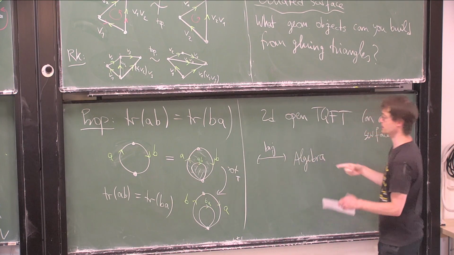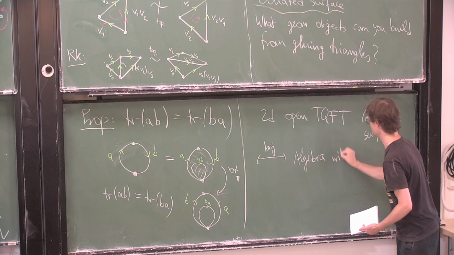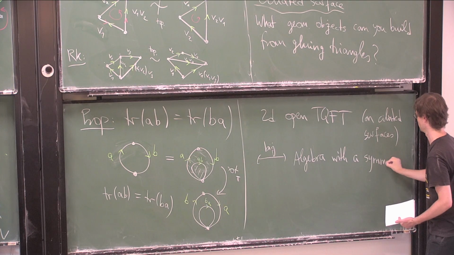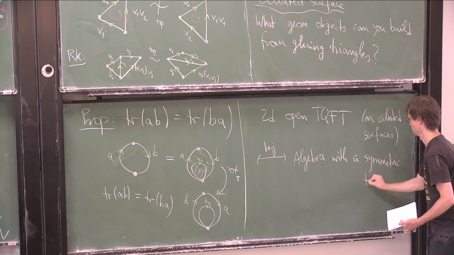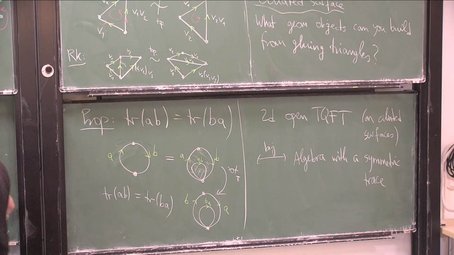Algebra means a vector space with some multiplication with a symmetric trace. The trace is this function from V to K, and symmetric means exactly this.